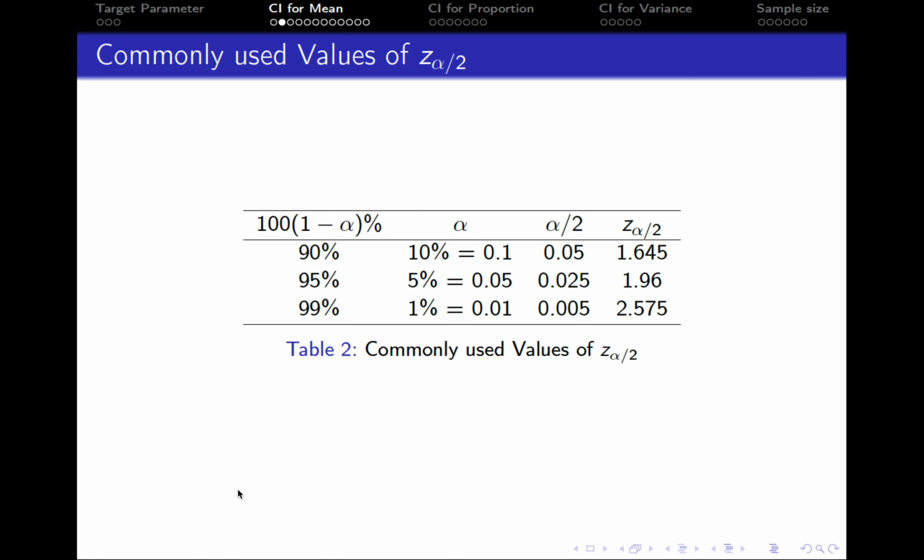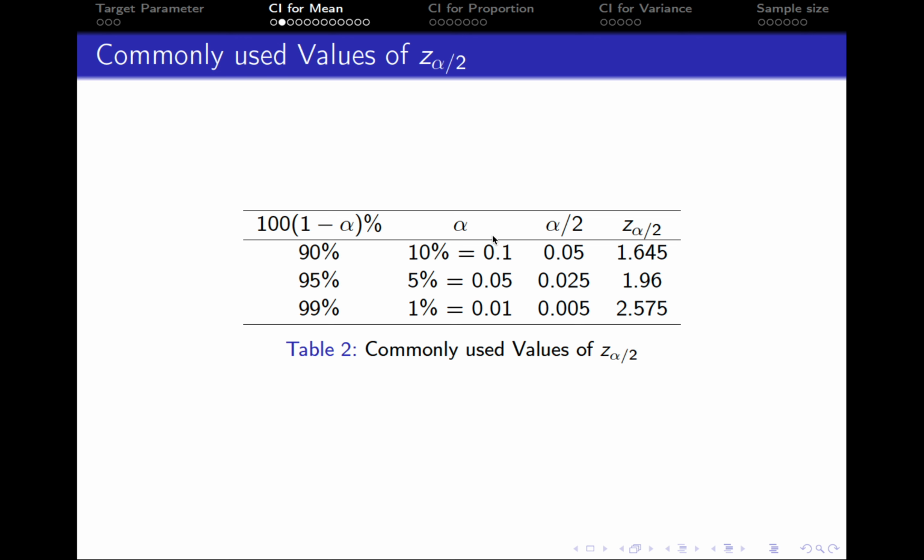There are three common significance levels in statistics: 10%, 5%, and 1%. Based on the value of alpha, we can calculate 1 minus alpha. So we can get three values, obviously, 90%, 95%, and 99%, which will be the confidence levels.